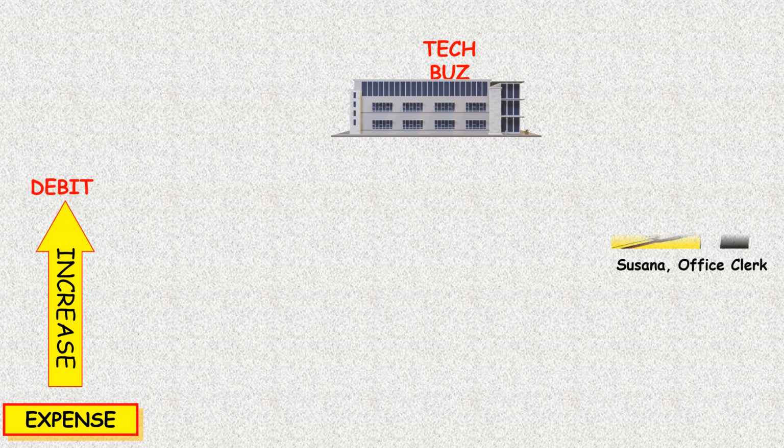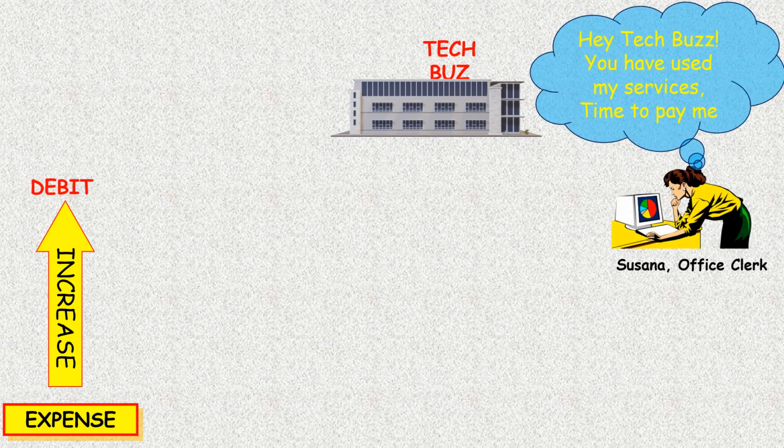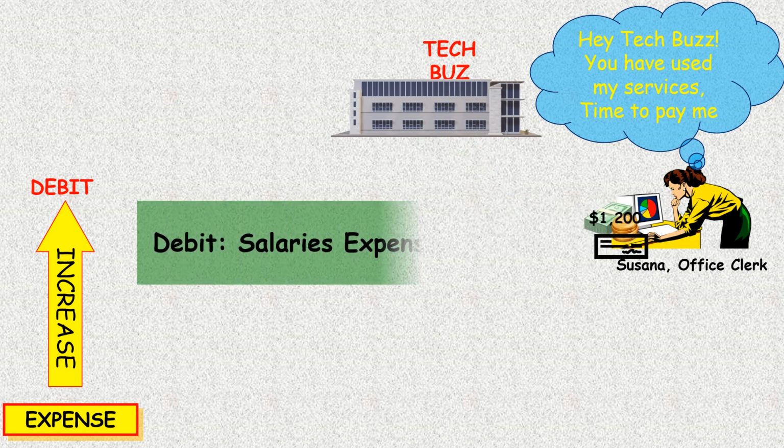Now, expense increase is always debit. So here is our employee. TechBuzz used the services of these employees, or in this case, Susanna. So when we use services of others, that becomes an expense. Expense is debit, and we will record that as debit salaries expense.